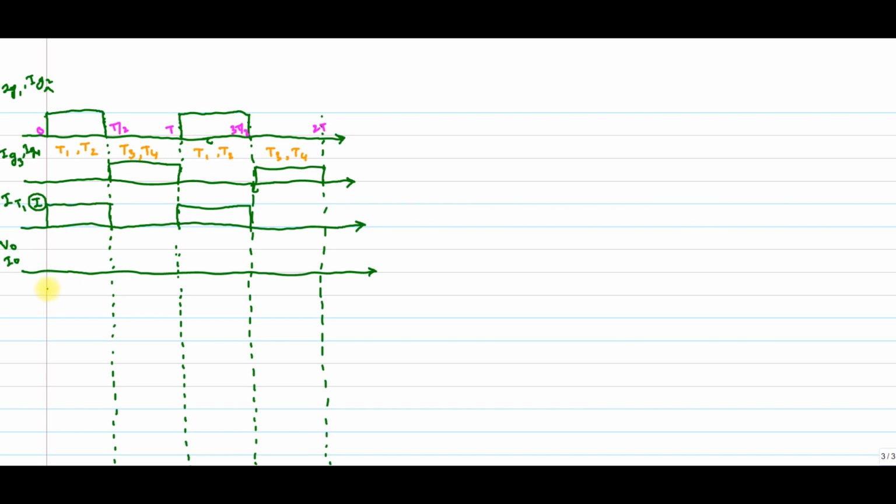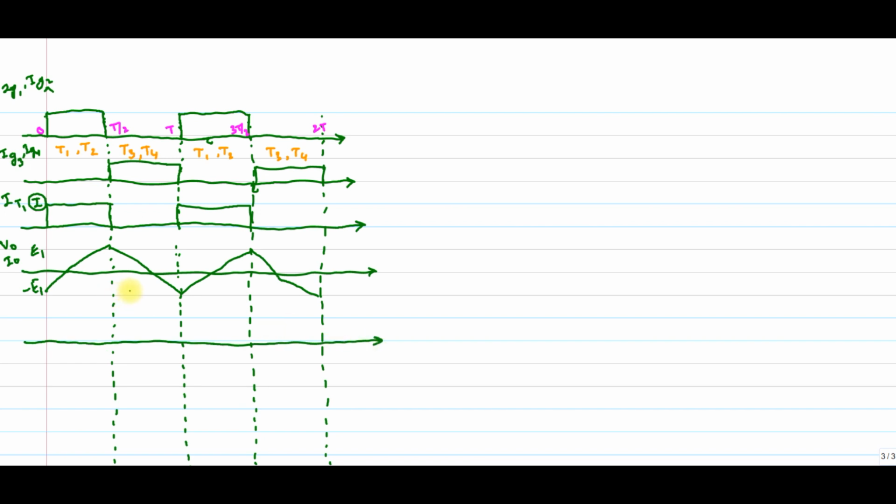So what exactly happens? The capacitor is charging from minus E1 to plus E1. So this is E1 and this is minus E1, and it is happening like this. In this way it is moving. So what happened to the capacitor current?